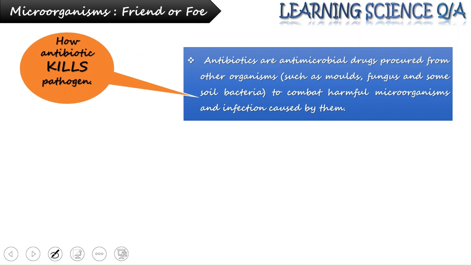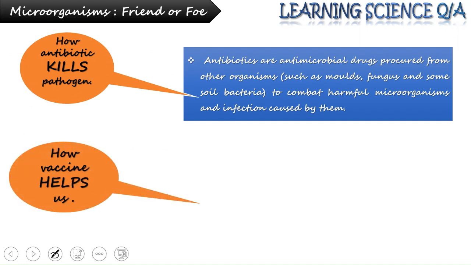These products obtained from microorganisms are useful in fighting pathogens or the products produced by other infectious microorganisms. So we can say an antibiotic directly kills the pathogen, and sometimes it just stops the pathogen from growing in number.